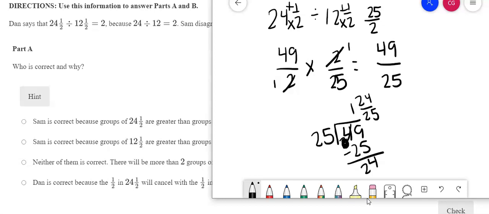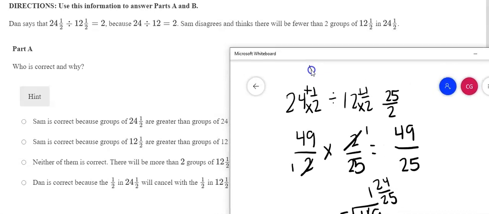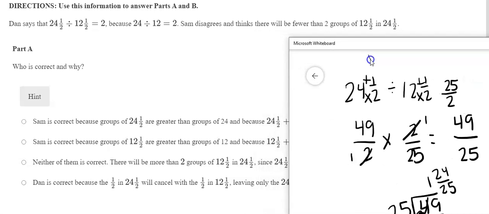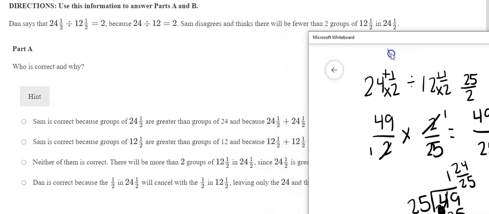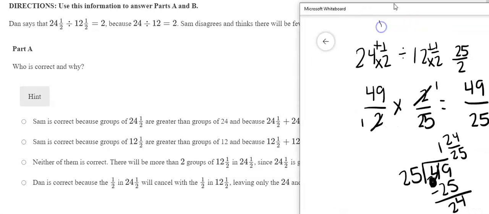So Sam says there will be fewer than 2 groups. So he is right. So we're looking at the top 2. Sam is correct because, and then we have to figure out which one is right.